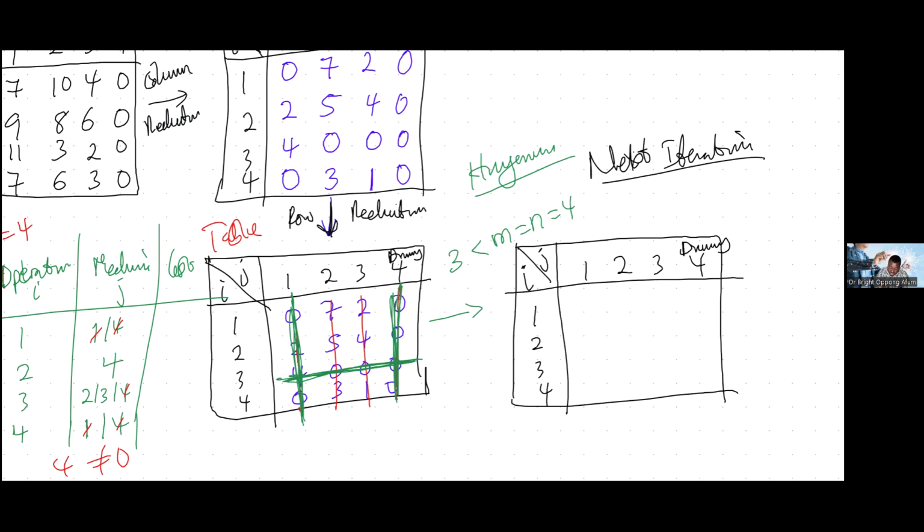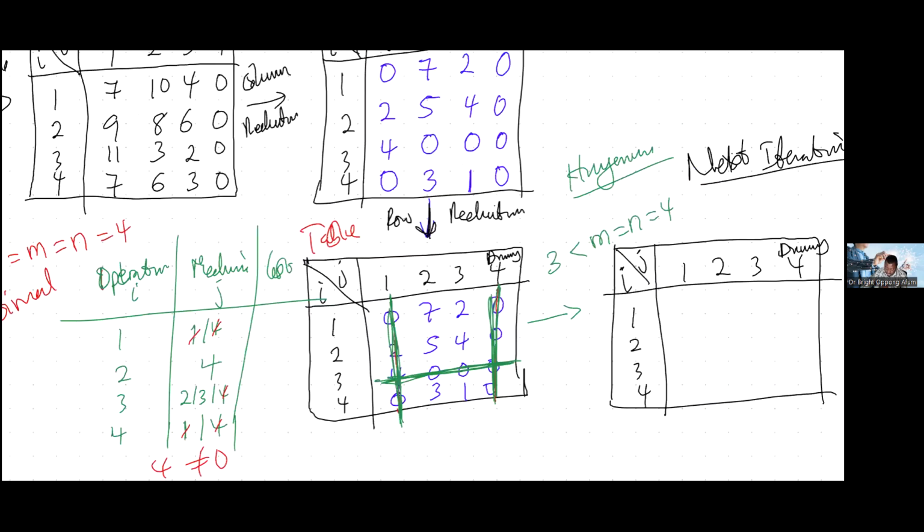So here we have not canceled these zeros. So the rule here is: what is the minimum? The lowest number here is 1. So it says that you should then subtract 1 from all the uncrossed values.